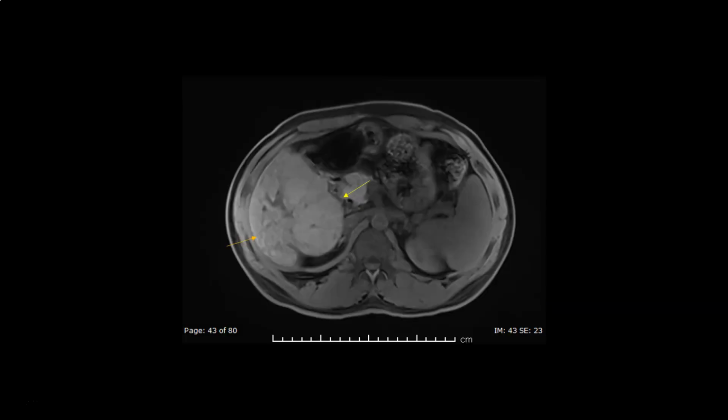The liver shows heterogeneous signal intensity and enhancement on dynamic gadolinium-enhanced MRI, with the regenerating liver and the diseased liver parenchyma showing different signal intensity and enhancement patterns.